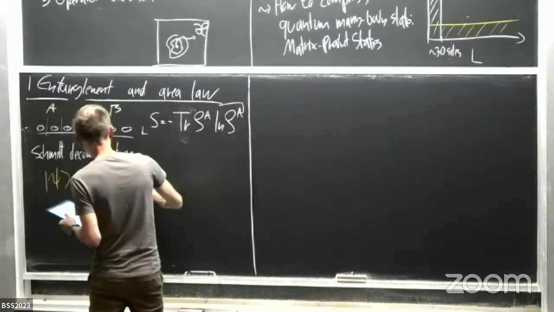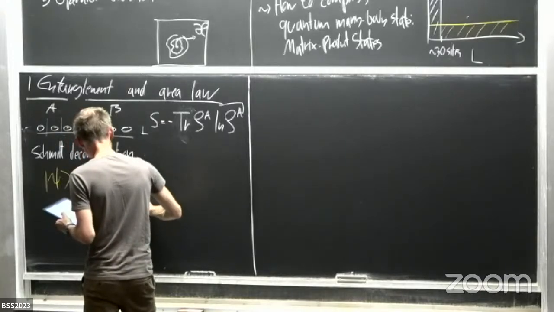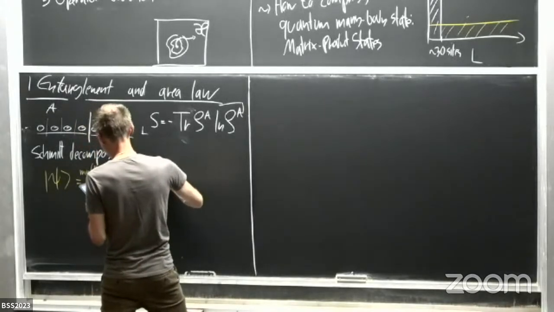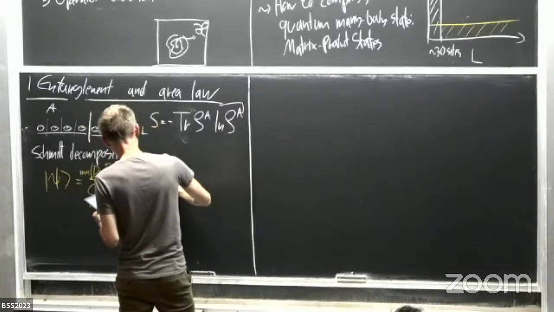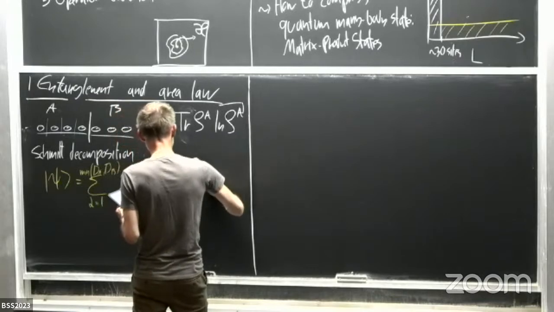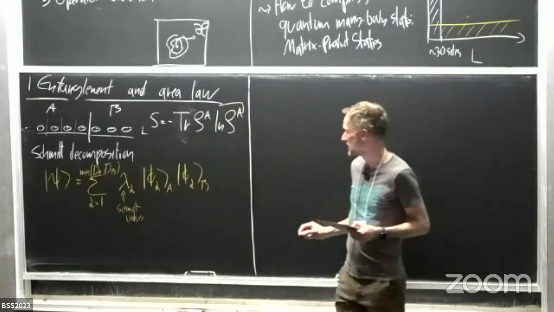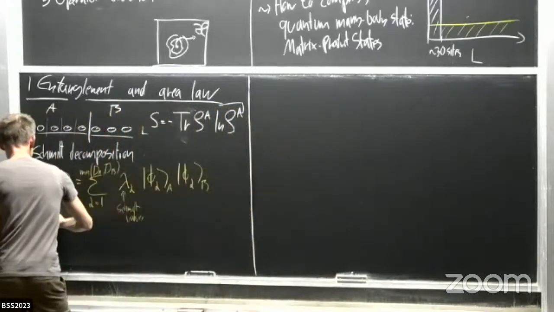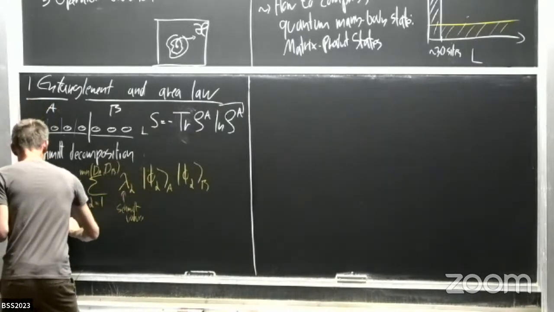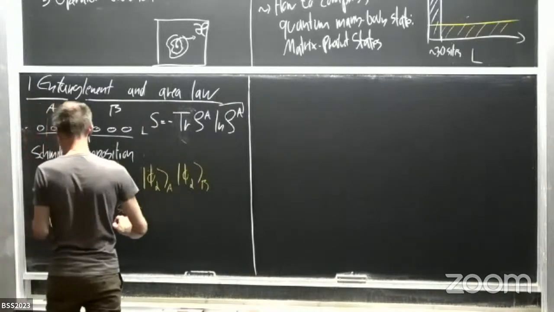And now we have here lambda alpha, which are the Schmidt values, and then we have here states, which I call phi alpha A, phi alpha B. So every quantum many-body state can be decomposed in this way, and I can now sort these values according to their size. The lambdas are always real and positive, and I can sort them in this way, which is going to be important later on.